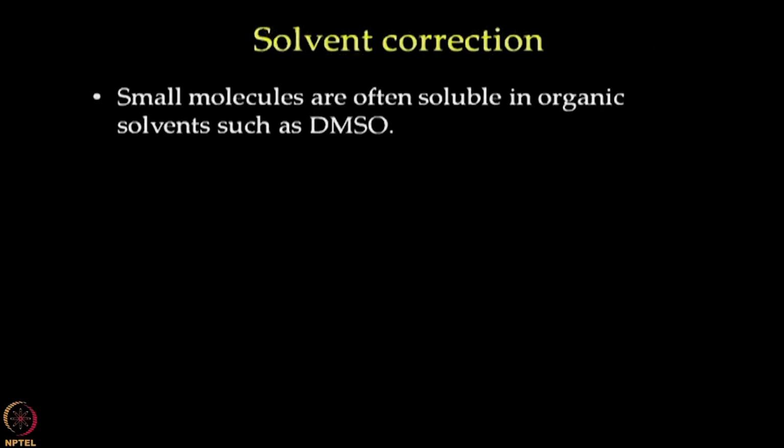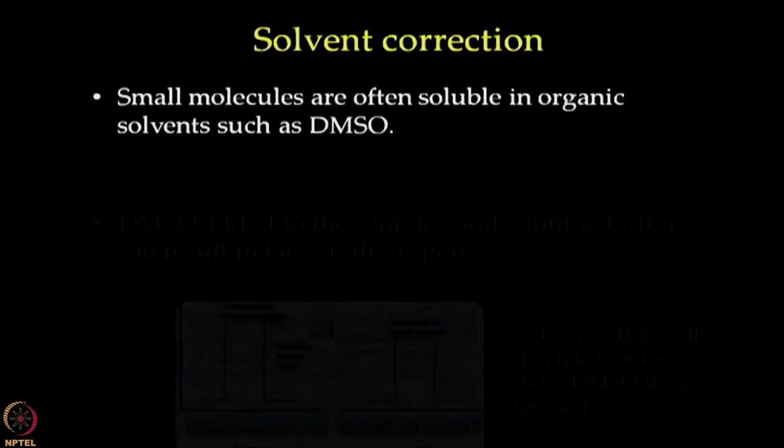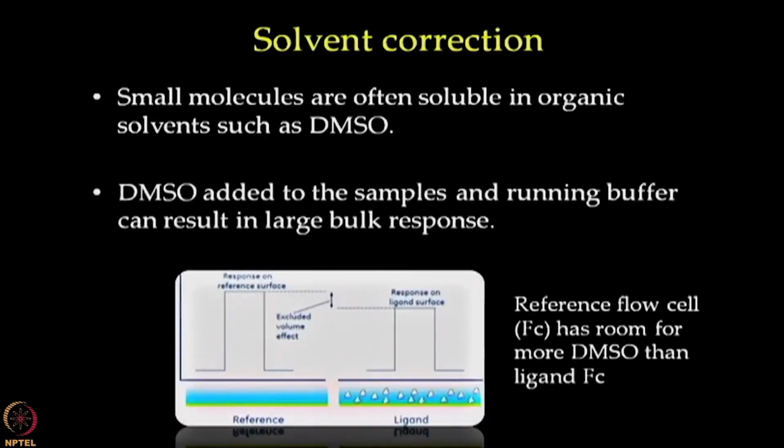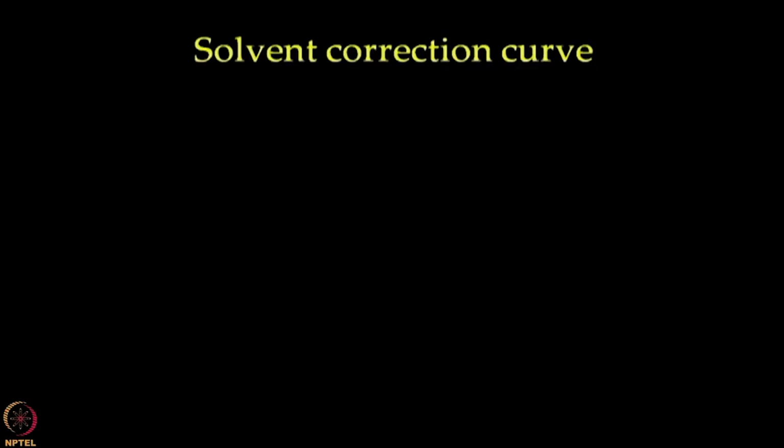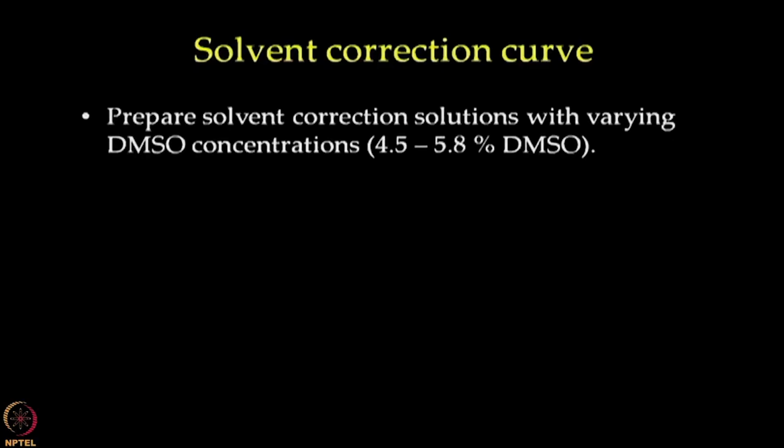Since small molecules are often soluble in organic solvents such as DMSO, and so are these drug molecules, it can result in large bulk responses, since the reference flow cell has room for more DMSO than the active flow cell with ligand. That is why we need to prepare a solvent correction curve by preparing solvent correction solutions with varying DMSO concentrations, which will range from 4.5% to 5.8% DMSO.